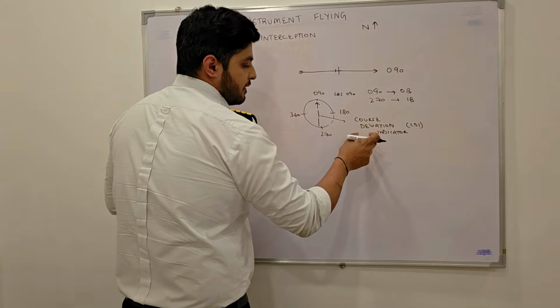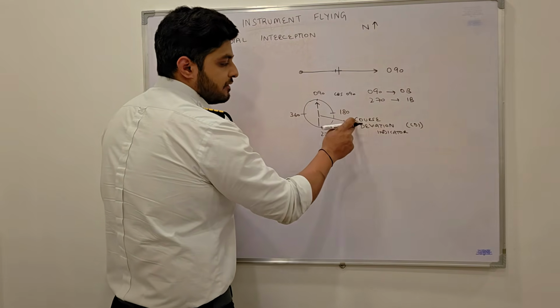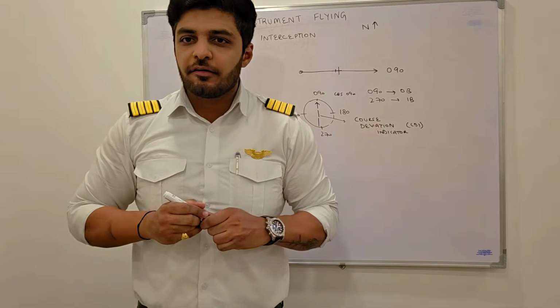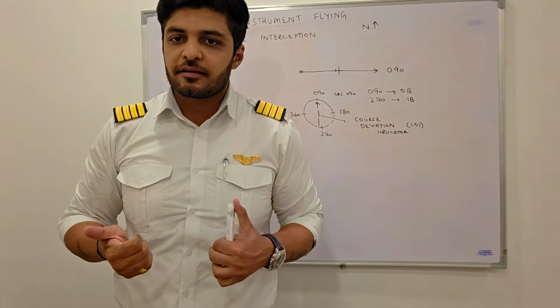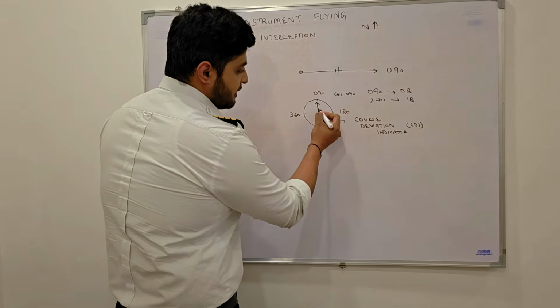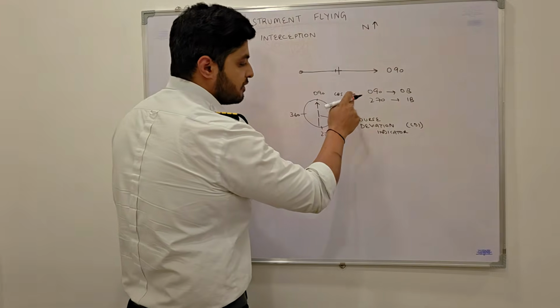As it is suggesting, this is a course deviation indicator, that means it is telling how much deviated from my selected course I am flying right now. So since the needle is in center, that means I am on the right course which I selected as 090.